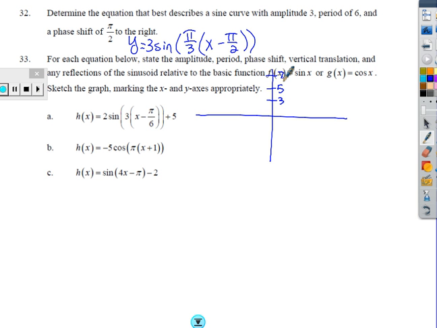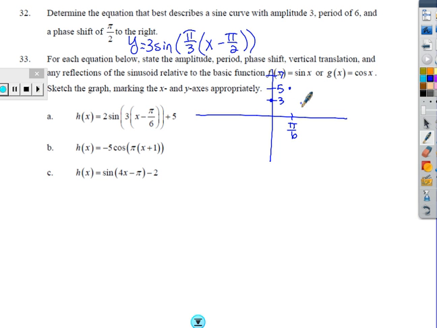and my highest point would be up at 7. Now, since we're graphing a sine function, I'd normally expect it to start at 0, but in this case, the lowest thing I can get to is 3. And then I expect that I will wind up with a sine function that increases, and I would hit 5 at pi over 6 units, since I moved pi over 6 units to the right.